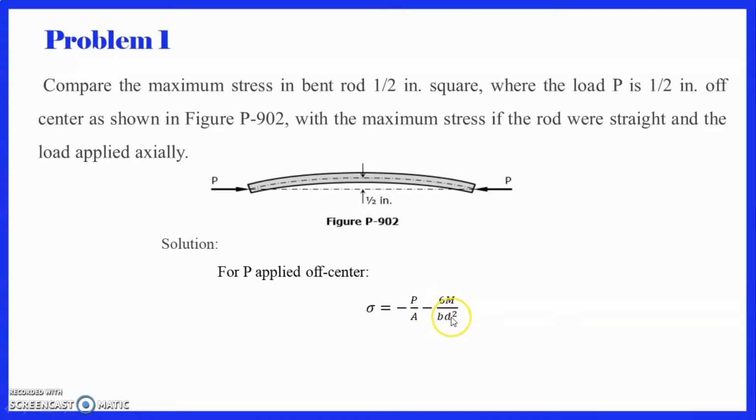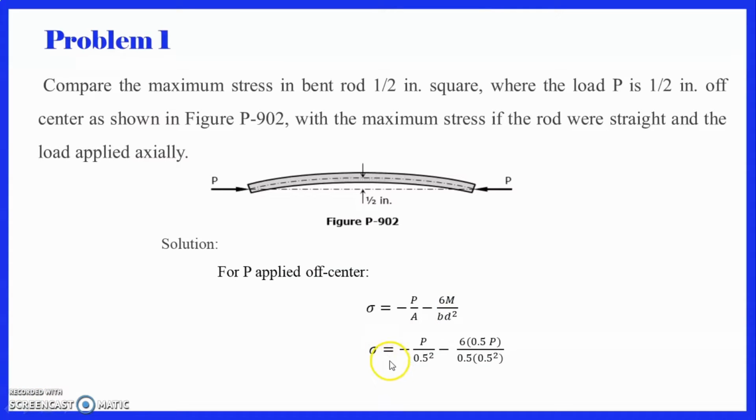Now this formula came from the flexural formula, f_b equals M over S, where M is the bending moment and S is the section modulus. For a rectangular beam, the section modulus is BD squared over 6, and therefore the equation transforms into 6M over BD squared.